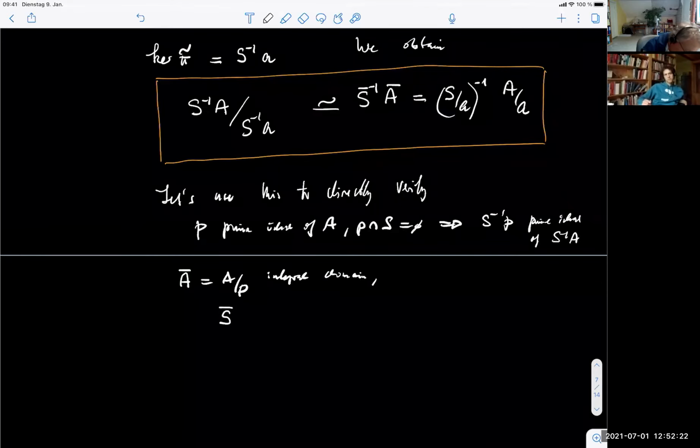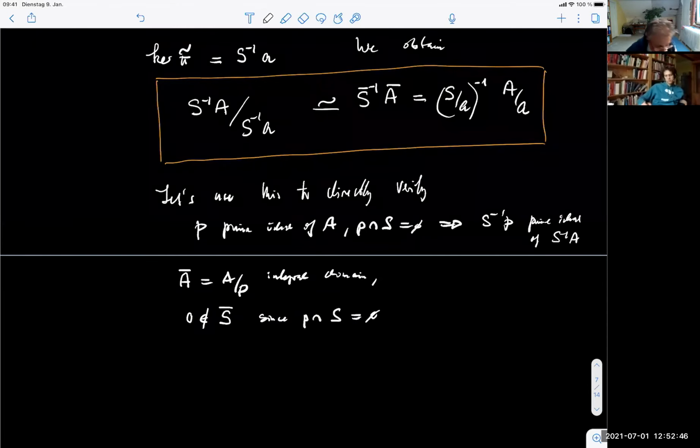But I have to make sure, in the localization, that if S ends up containing 0, then the localization collapses, you get the 0 ring. So I don't want to have this. And this I don't have, since P intersected S is empty.